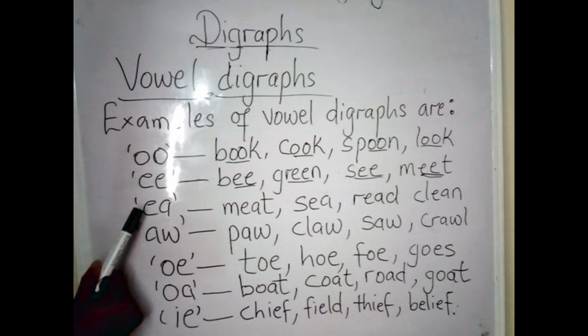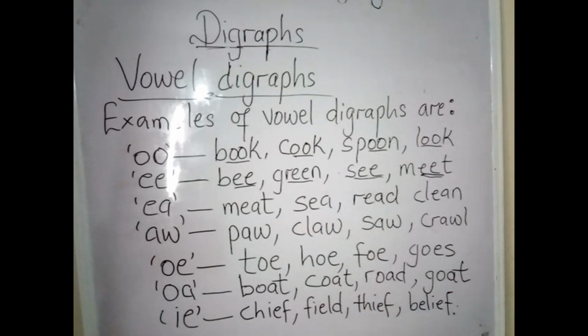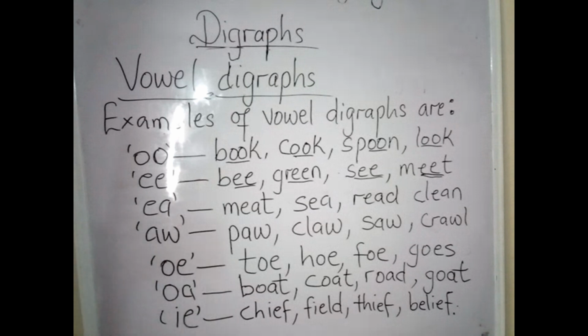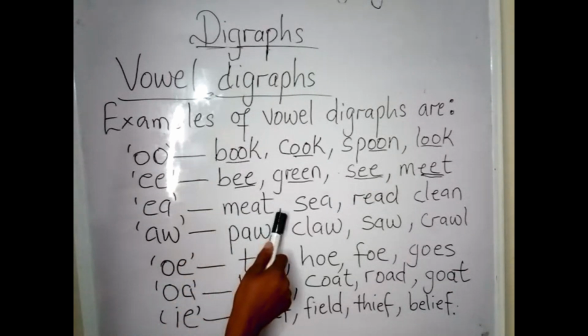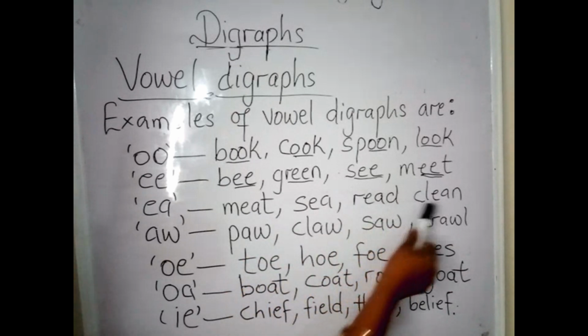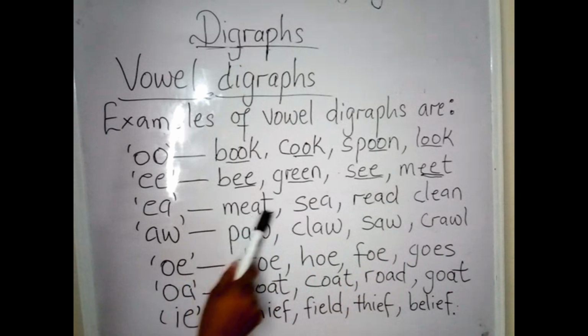The next one is a combination of the letters E and A. Letter E makes the sound E. Letter A makes the sound A. But when the two of them combine, they form the sound E, almost like double E, but it's not as long as the E sound. So here you have meat, see, read, clean.